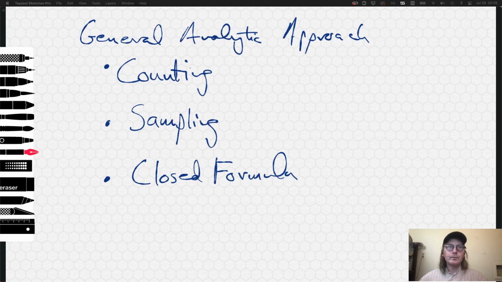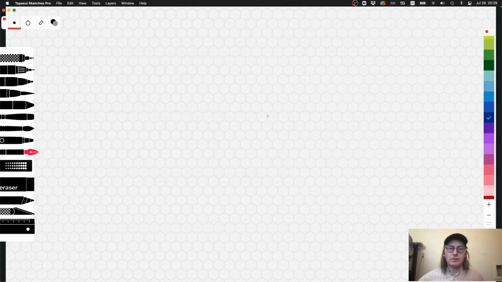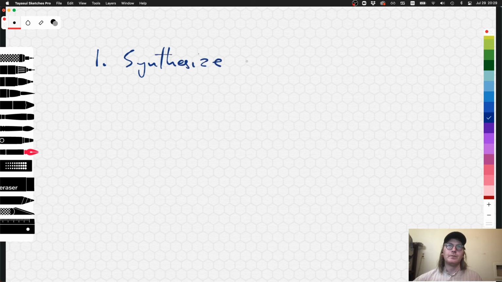So what is this analytic approach? We're going to think about it in just generally 3 steps. One, we're going to synthesize outcomes, which we can also think of as modeling a phenomenon, or even just looking at data, right? Maybe we have some data and we're looking at it.